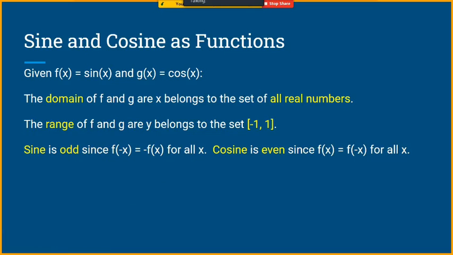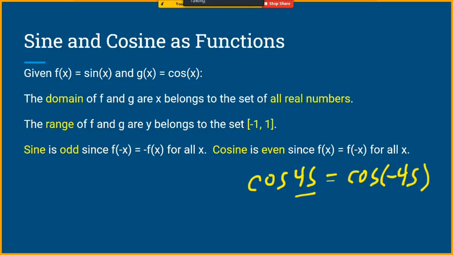Cosine is even. Alright, even means no matter what you do for the input, the output's going to be the same sign. So that means the cosine of 45 is going to equal the cosine of -45. If the only thing you do to the input is change the sign, it's not going to change the output. So the cosine of 45 is root 2 over 2.